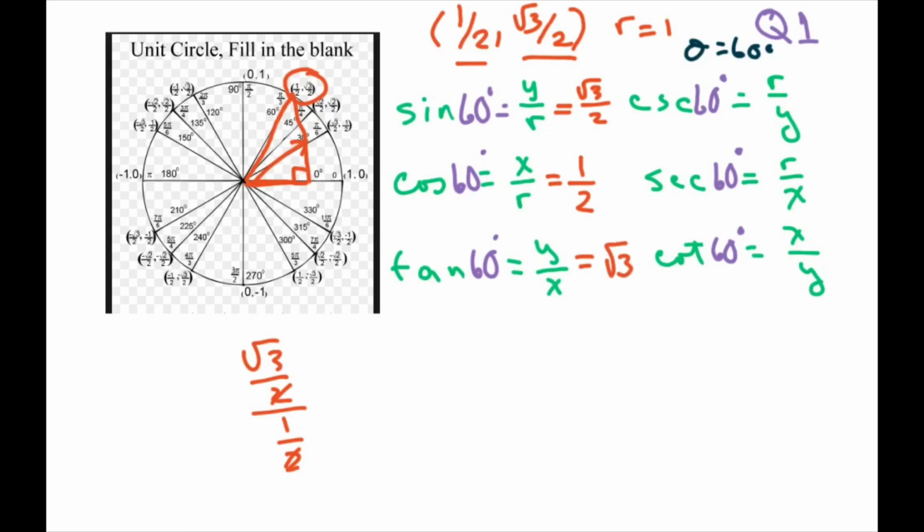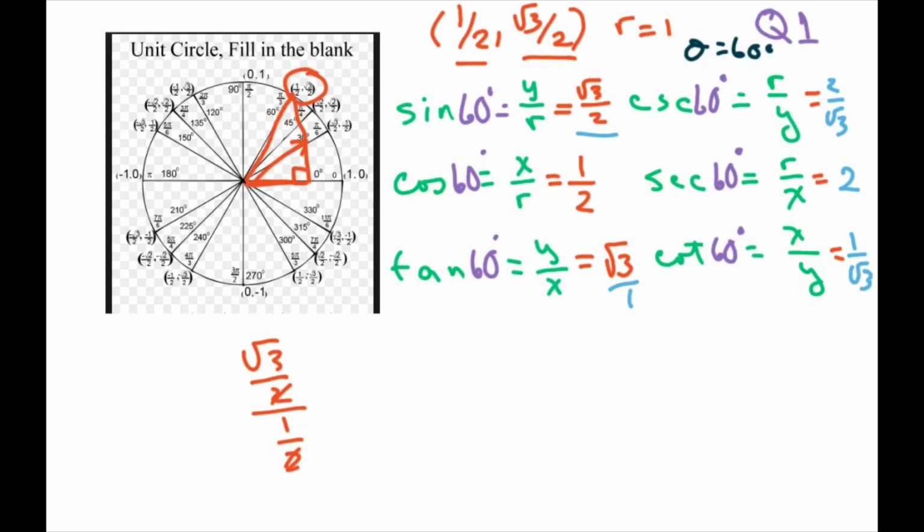Now, all you're going to do for the remaining 3 is flip these. Flip 1/2, you get 2. And square root of 3, you could write that over 1, so that's going to be 1 over square root of 3.